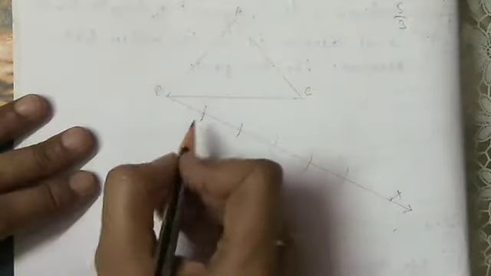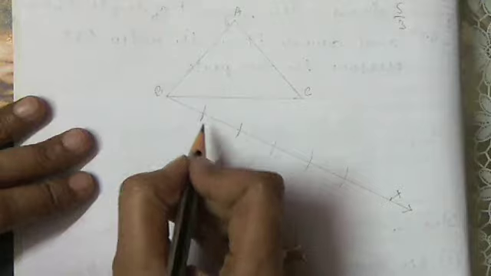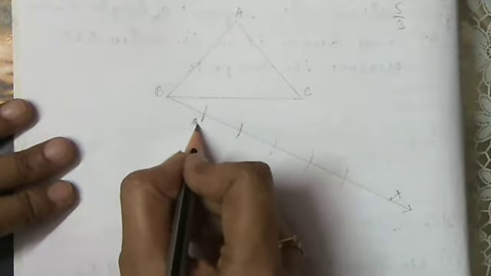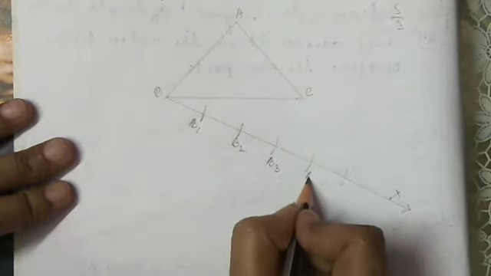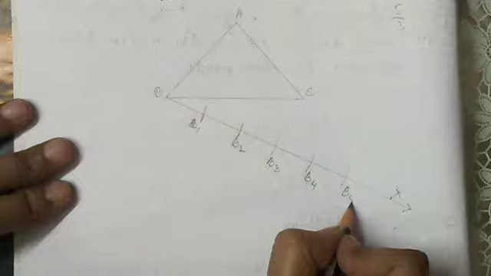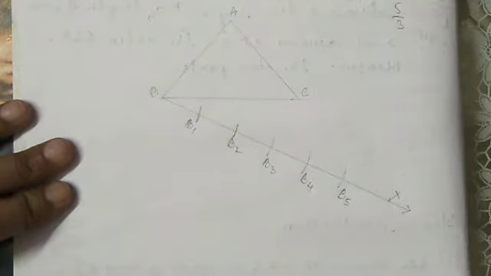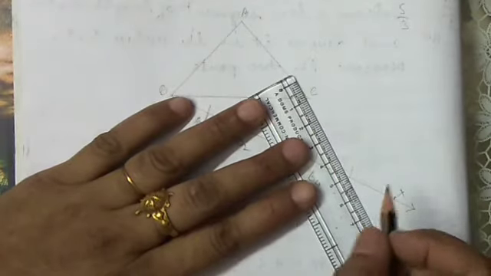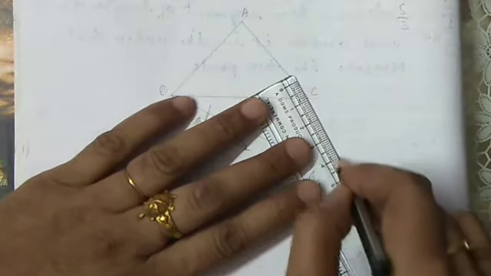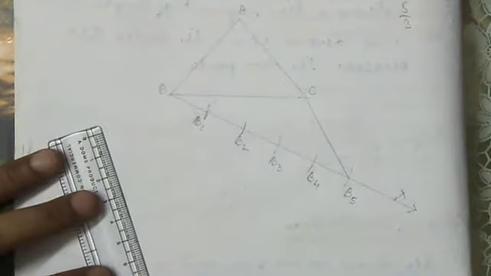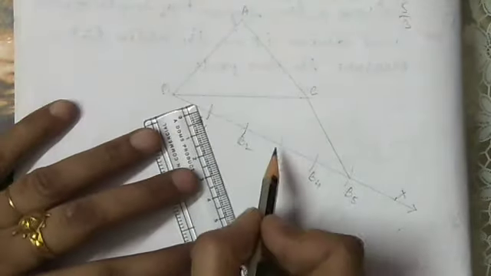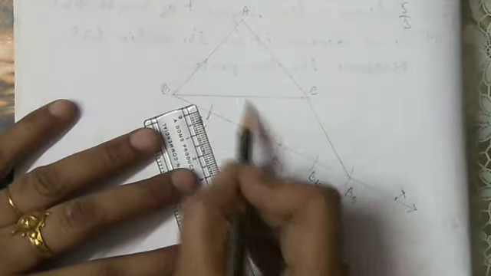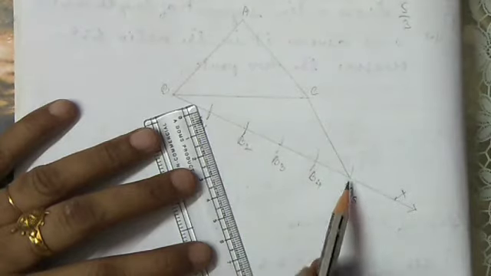Let us name them B1, B2, B3, B4, B5. This B5 has to be joined with the last end point. Now out of 5 you need to take 3. So at this B3 we have to make a line parallel to BC.